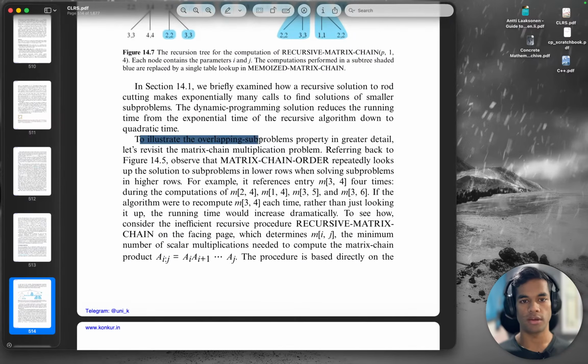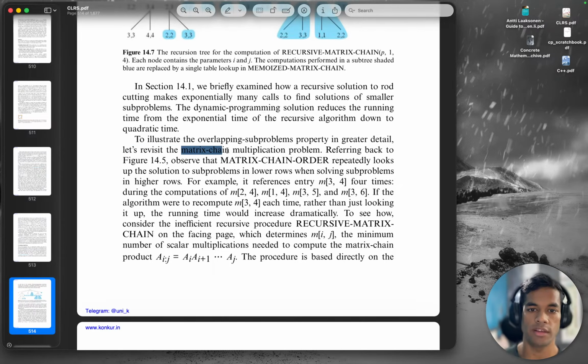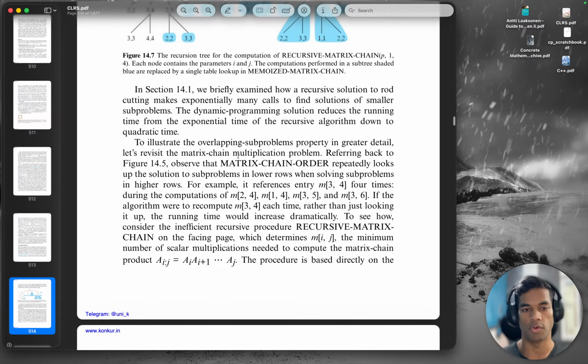To illustrate the overlapping subproblems property in greater detail, let's revisit the matrix chain multiplication problem. Referring back to figure 14.5, observe that matrix chain order repeatedly looks up solutions to subproblems in lower rows when solving subproblems in higher rows.